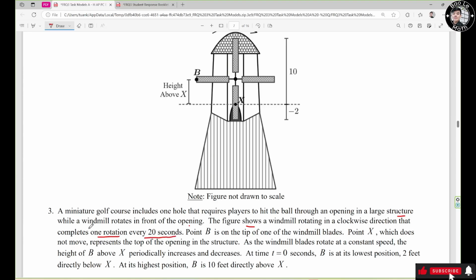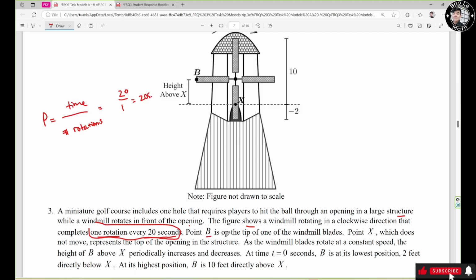Alright, so this one right here is the period. Remember, the period equals time divided by number of rotations. So in this situation, it's going to be 20 divided by 1, so it could be 20 seconds.